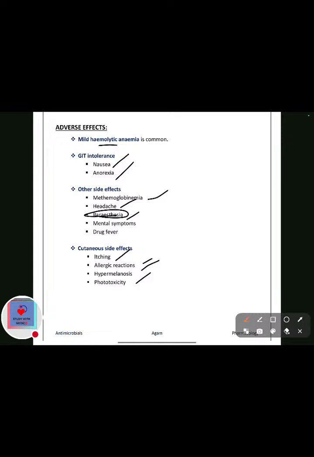Paresthesia is an abnormal touch sensation like burning or pricking without any pricking being done, like pins and needles.